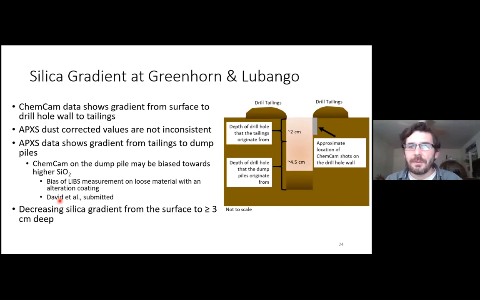And this is based off of some ongoing research, or hopefully about to be published research, looking at alteration coatings on loose material and the ChemCam observation of that. So this suggests that there's a decreasing silica gradient from the surface to at least 3 centimeters. We're thinking at least 3 centimeters deep in the drill hole.